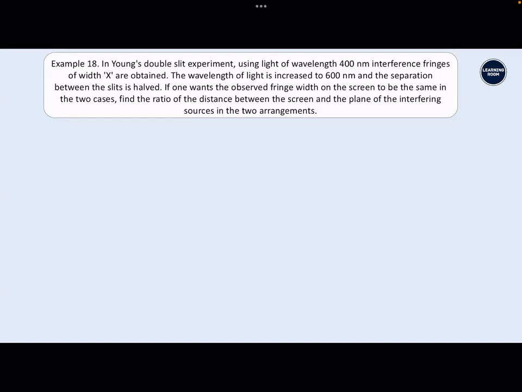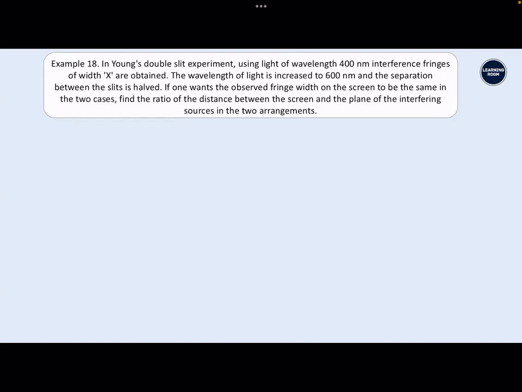Whenever you solve a problem based on YDSE, what are the 4 parameters you will have? Lambda, capital D, small d, beta. In the problem, lambda 1 is 400, beta 1 is x, lambda 2 is 600.